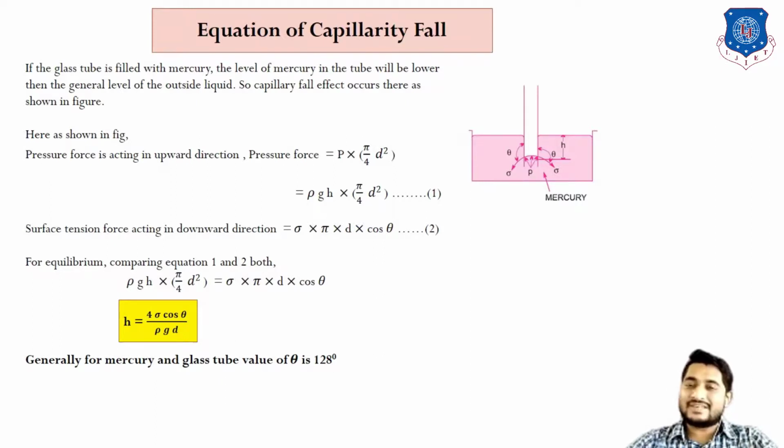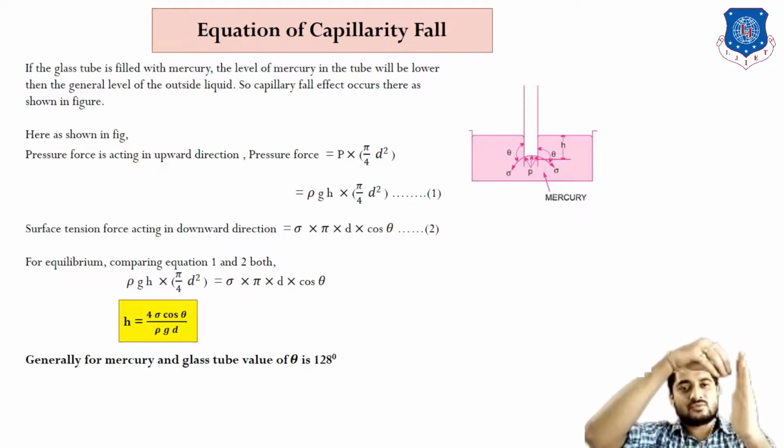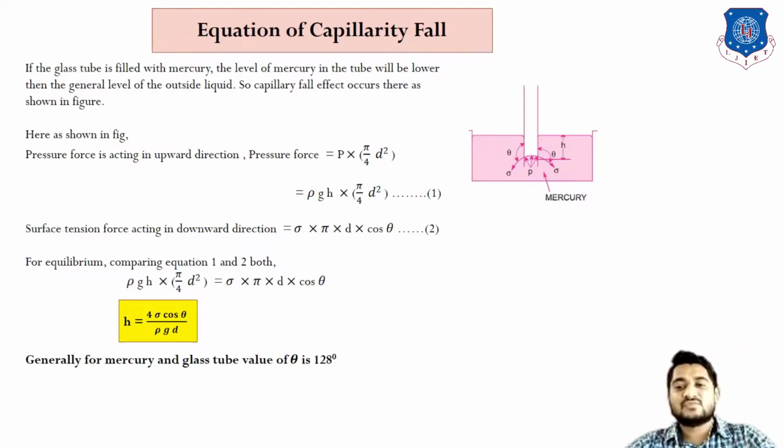So mercury cannot stick to the glass surface, so mercury can move in the downward direction. So here the sigma component is on the downward side. Theta is here. So we can mention sigma cos theta in the downward direction. Remember, this is the only change.